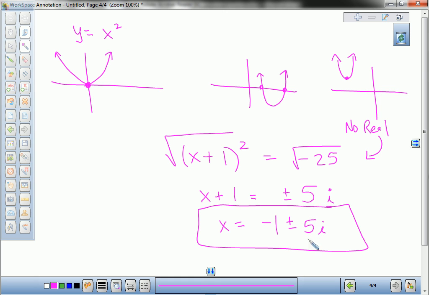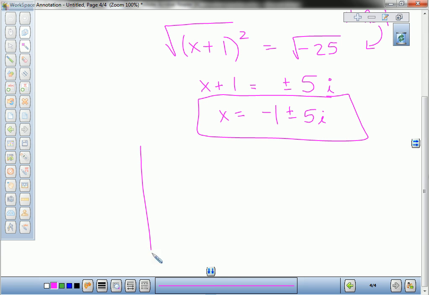And that's okay. What that means is if we thought about the equation as a function, it just wouldn't cross the x-axis. Now, let's think about our cubic. A cubic crosses the x-axis how many times? 1. No matter how I move it around, it's going to cross once.